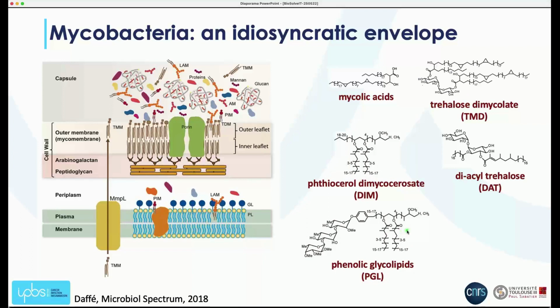These compounds are essential to bacterial survival, and in some cases also essential to the pathogenicity of the bacteria. Of course, this huge envelope is highly hydrophobic and explains why most mycobacteria are highly resistant to antibiotics.